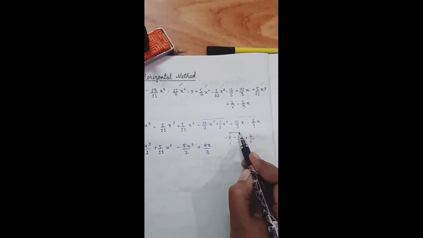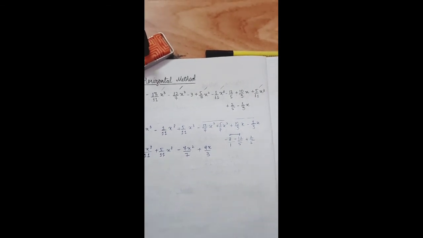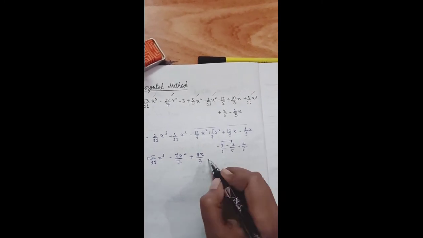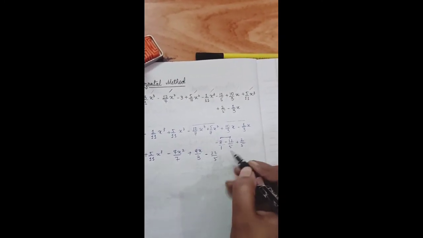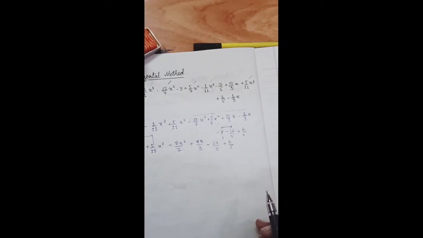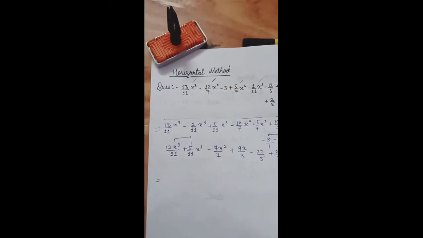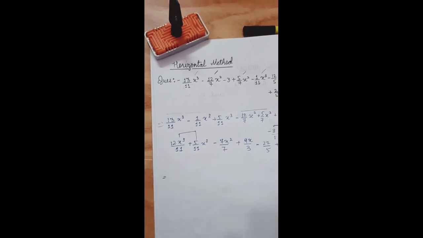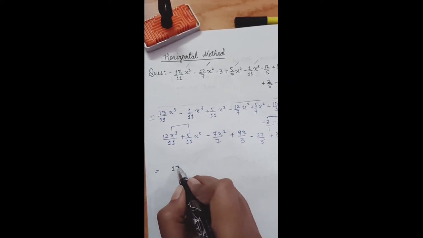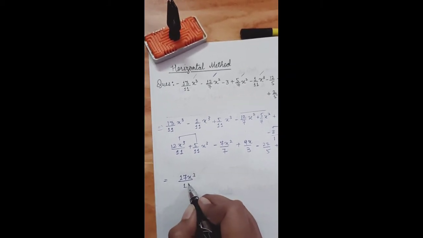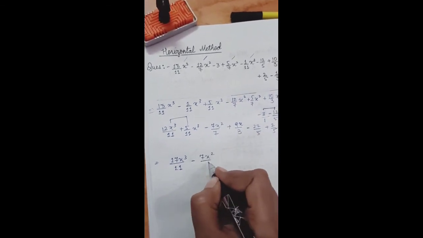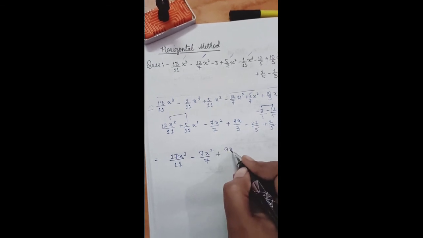So first we solve these two fractions. On solving these two fractions, you will get minus 27 by 5, and we will copy this fraction as it is here. Now we will solve these two. So here we get 12 plus 5. Here we get 17x cube by 11, and here minus 7x square by 7, and here we have 9x by 3.